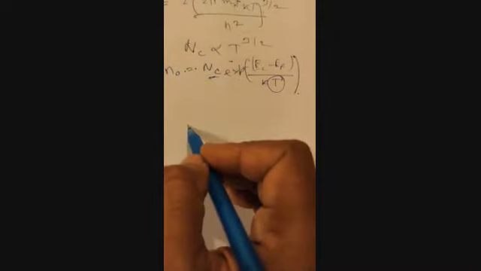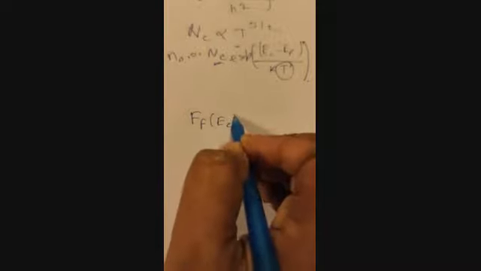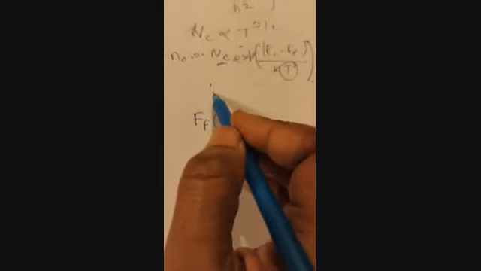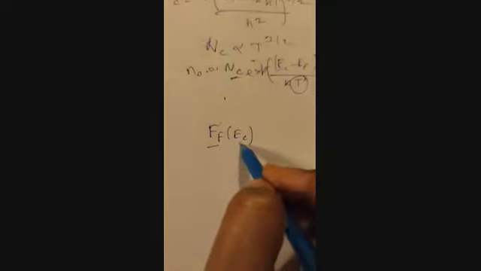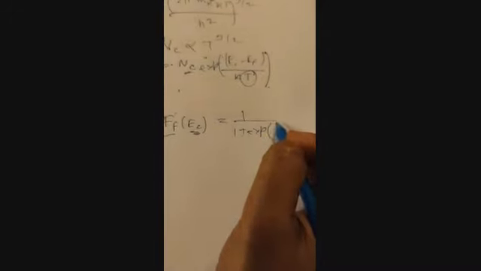So for that, how do I firstly perform this equation? First of all, I require the Fermi level. It is given as 0.25 difference with the conduction band. So the Fermi function at EC should be equal to 1 upon 1 plus exponential. Assume the Fermi energy is 0.25 electron volt below the conduction band.